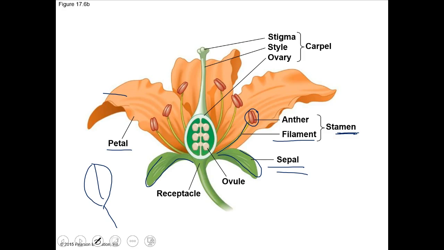So we'll have a stigma up top, the style, the long tube, which will be where the pollen grows down, and then the ovary, which holds the ovules. So the ovary is what becomes a fruit, which we'll talk about here in a minute, and the ovules will become seeds. So just so you get an idea of where we're going with that.